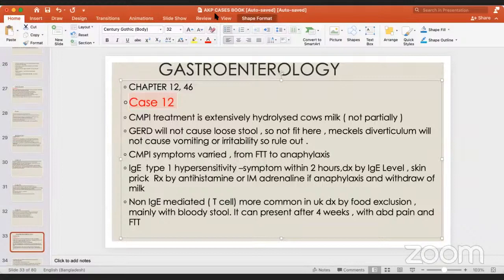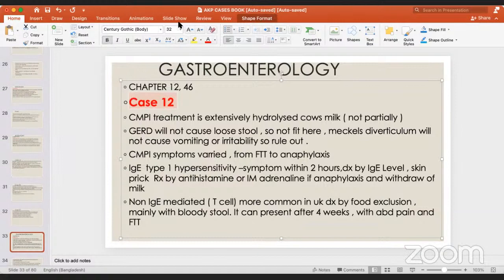Very good. Exam candidates, please answer the question. You will get such type of question. And as we know, in the UK, every 4th child, 1 child is allergic to something, either cow's milk or egg or nuts, or dust mite, pollen. So this is very common in the UK, especially they have the hygiene theory.